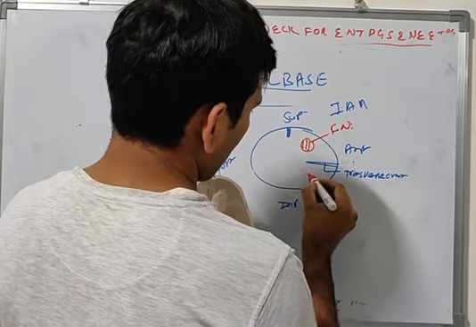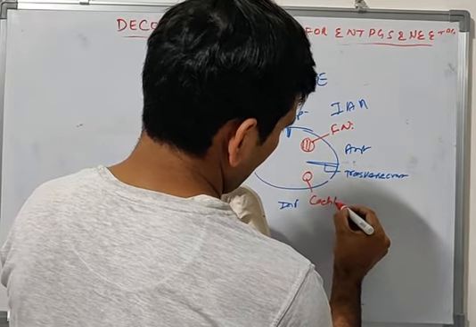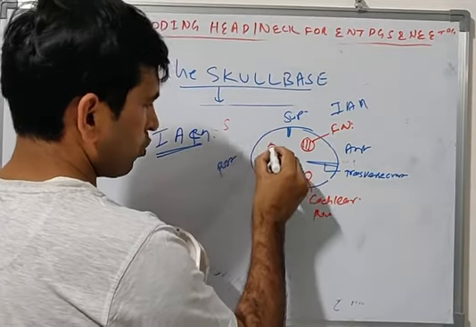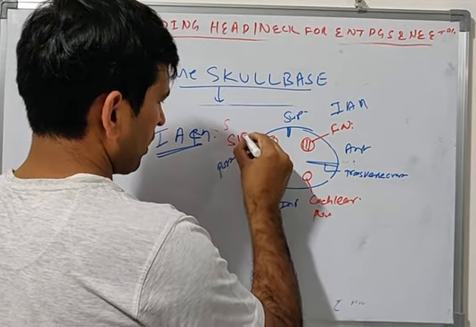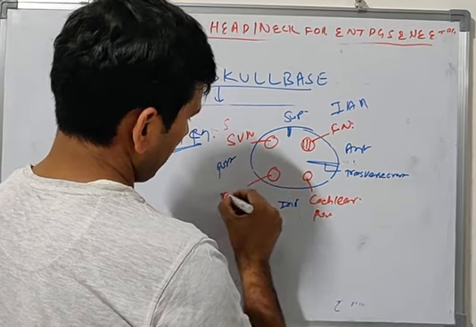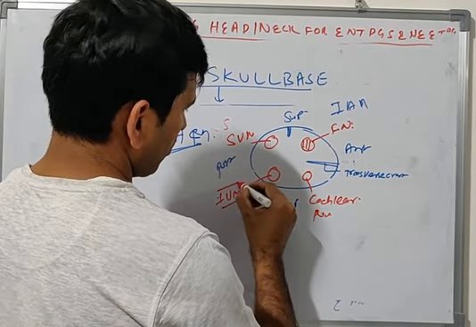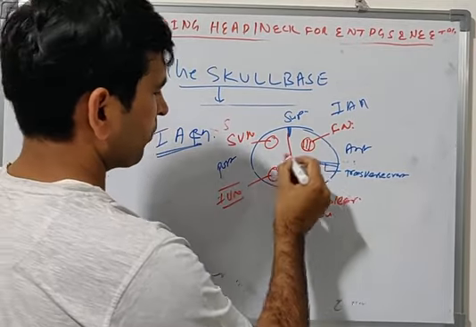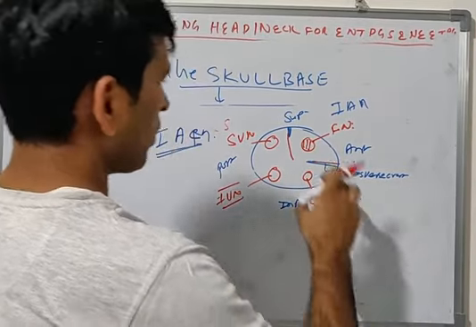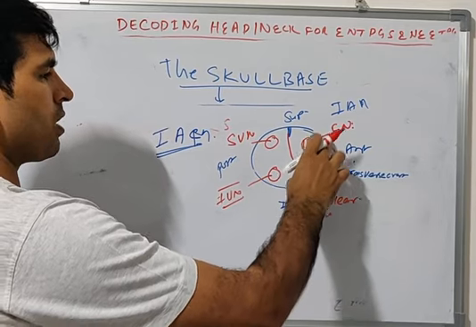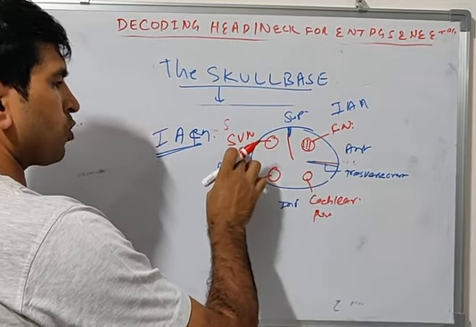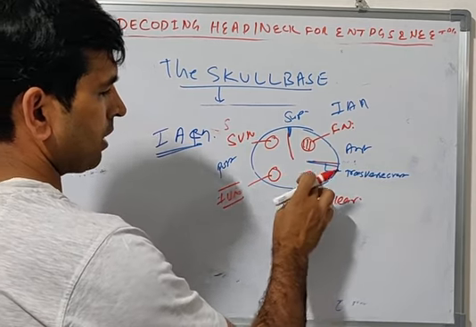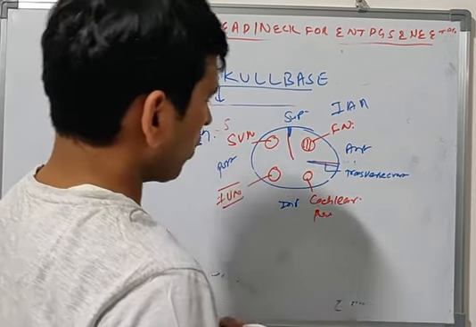Below this you may find the cochlear nerve, superiorly the superior vestibular nerve, and inferiorly the inferior vestibular nerve. So the anterior superior quadrant has the facial nerve, the posterior superior quadrant the superior vestibular nerve, the posterior inferior quadrant the inferior vestibular nerve, and the anterior inferior quadrant the cochlear nerve.